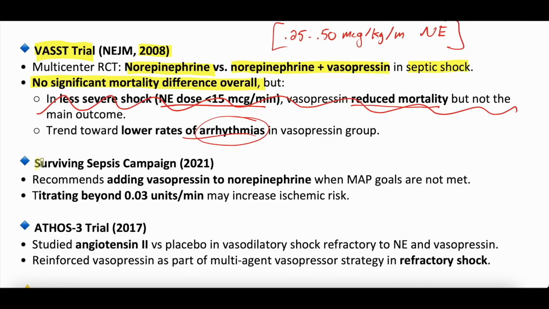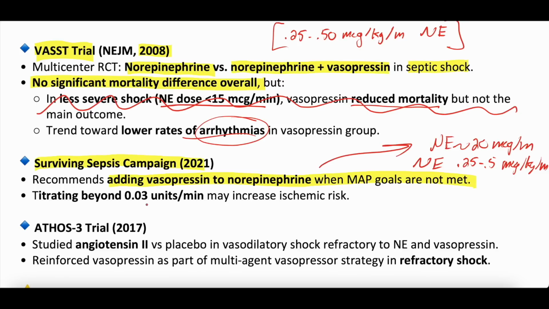As we mentioned, the Surviving Sepsis Campaign in 2021 did recommend adding vasopressin to norepinephrine when MAP goals are not met, and the norepinephrine dose at which it suggests starting is that 0.25 to 0.5 micrograms per kilogram per minute, which is around 20 micrograms per minute of norepinephrine, okay? That's when the Surviving Sepsis Campaign at least suggests starting vasopressin.